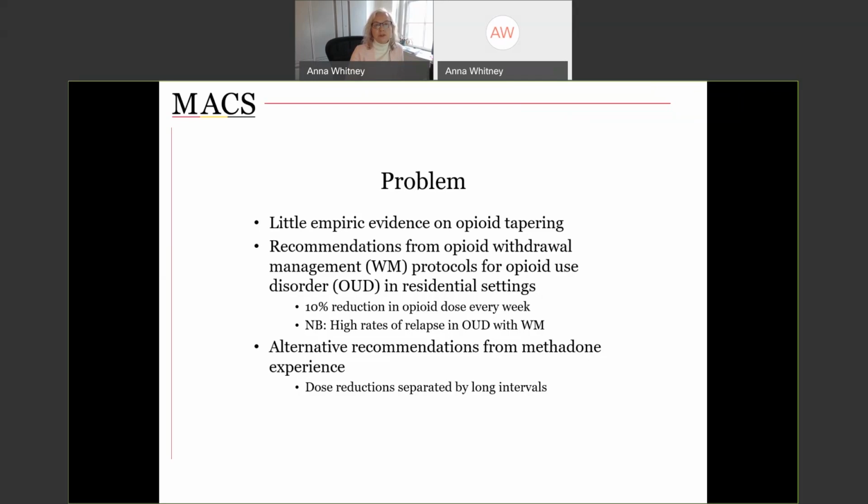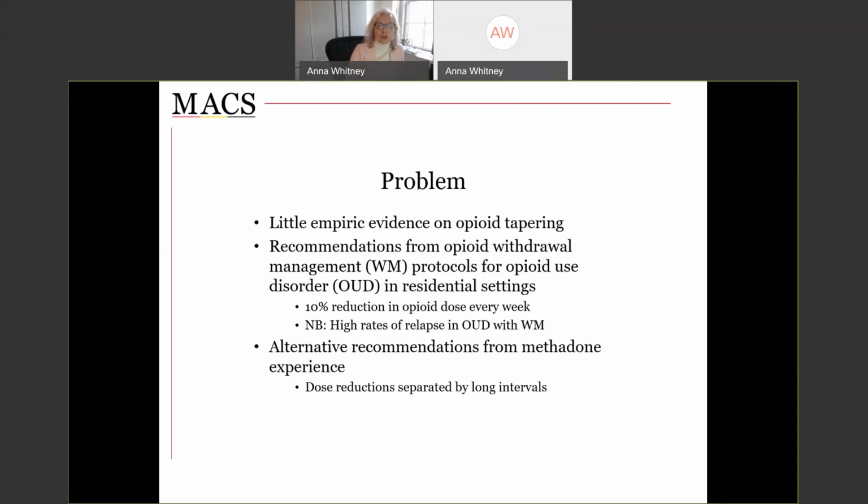Those have often employed a 10% reduction in opioid doses every week. When you look at the outcomes after patients complete these protocols, there are significantly elevated rates of relapse, sometimes up to 80 to 90% for opiate use disorder with this type of intervention.